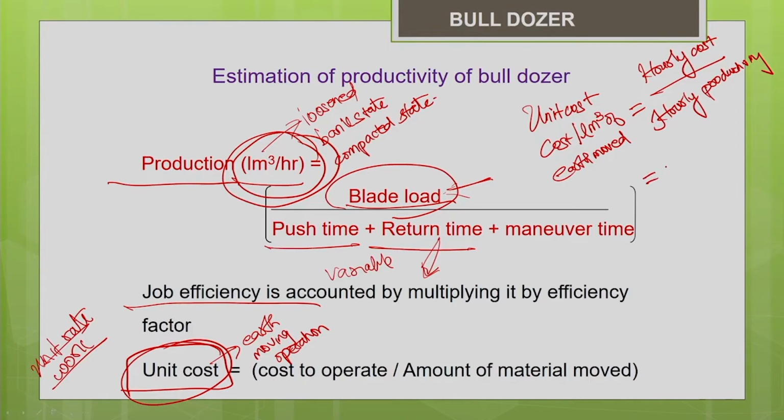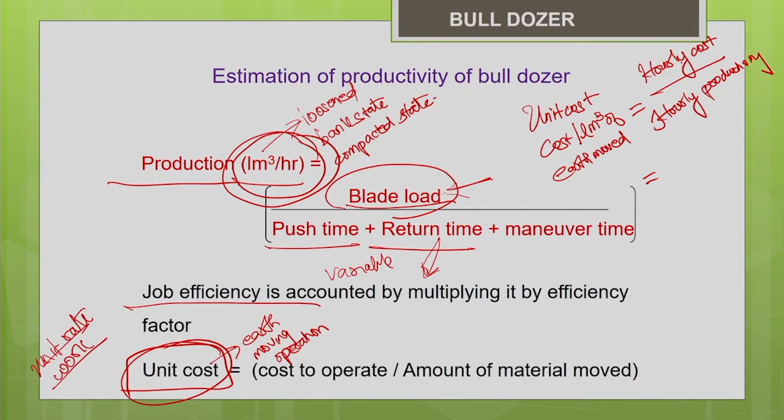By now you should know how to estimate the cost associated with the machine. I have dedicated many lectures on how to estimate the ownership cost and operating cost associated with the machine, so you can refer to those lectures again. You have to add all the components, the ownership, operator cost, all those, to get the cost per hour.